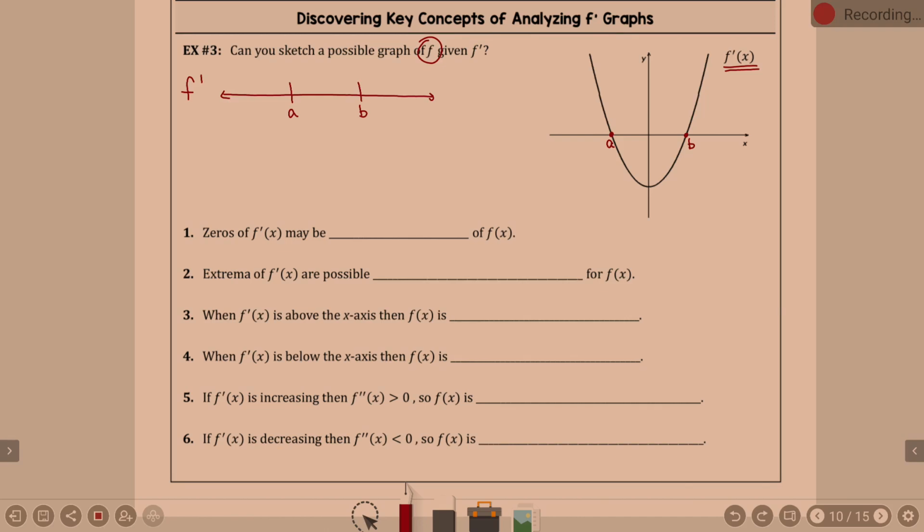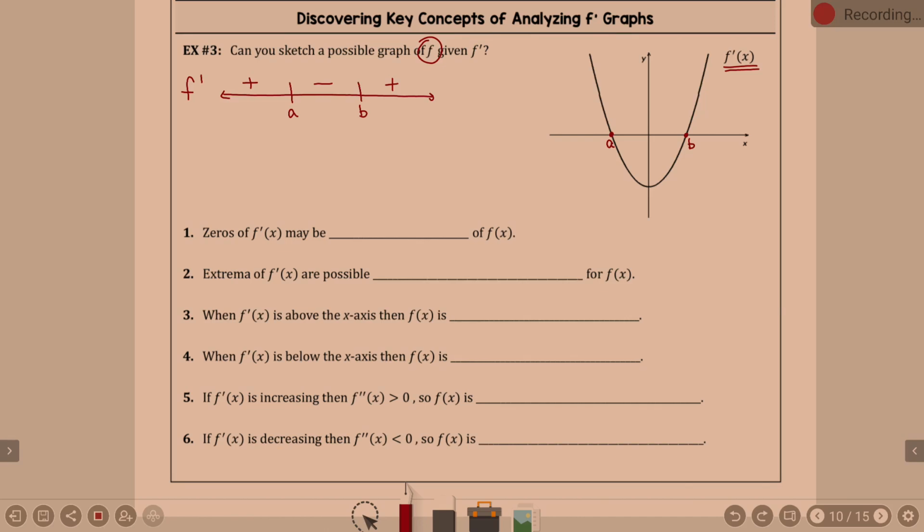So my derivative is positive before A. Between A and B, my derivative will be negative because it's below the x-axis. And then to the right of B, my derivative is positive.